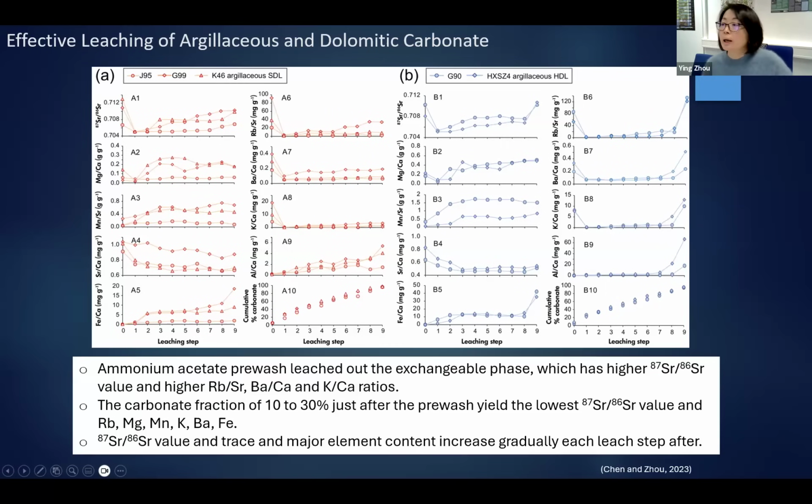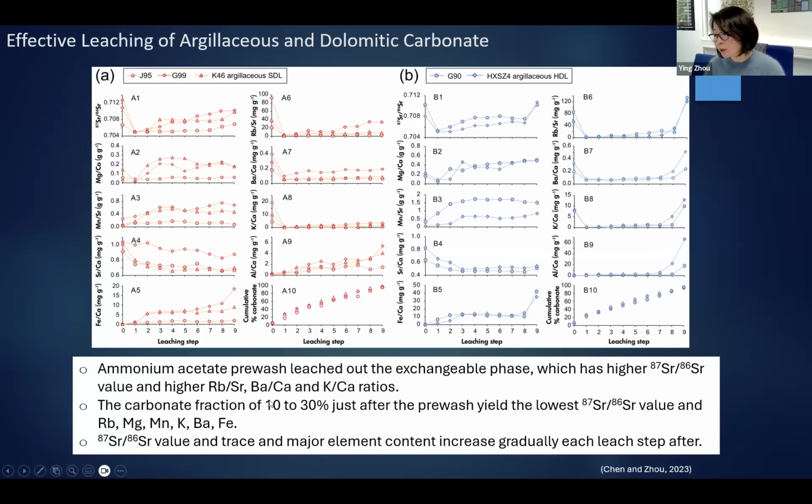And what this result tells us is that the ammonium acetate pre-wash leached out the exchangeable phase, which has a high strontium isotope value, and of course also high rubidium and radiogenic strontium and other elements associated with the exchangeable phase.